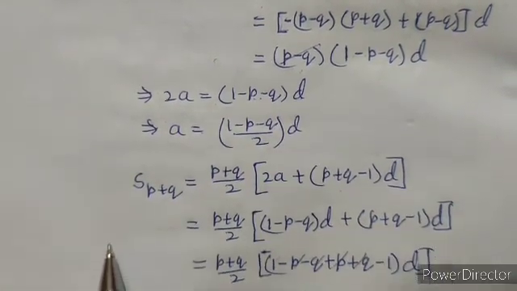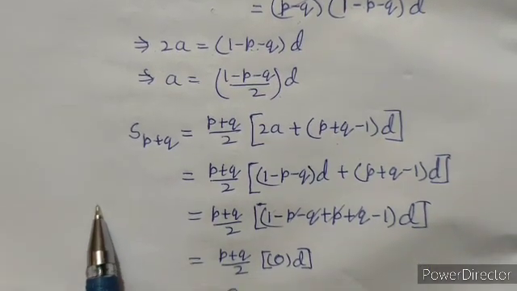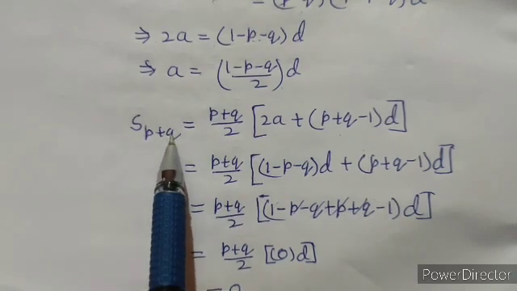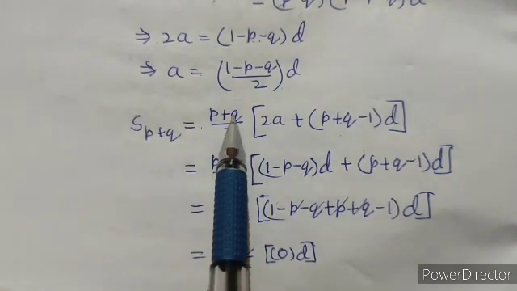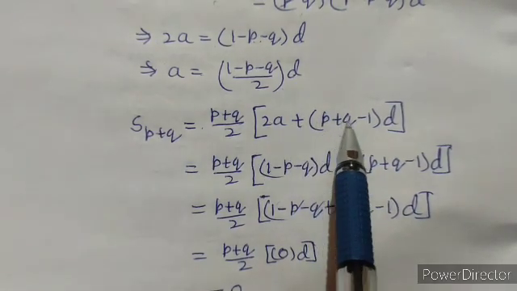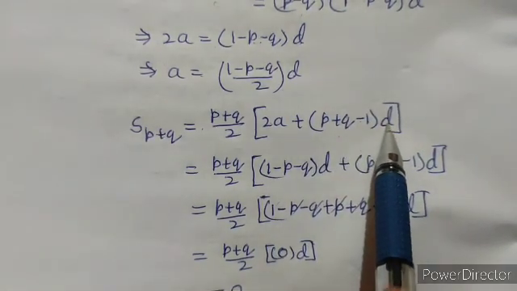Now we have to find out the sum of first p plus q terms. That means S(p plus q) will be equal to (p plus q) upon 2 into 2a plus (p plus q minus 1) into d.